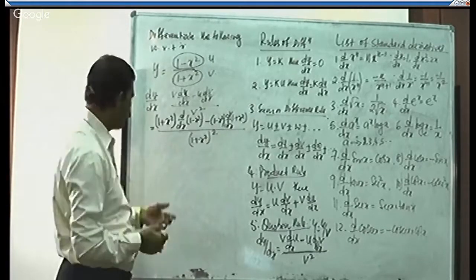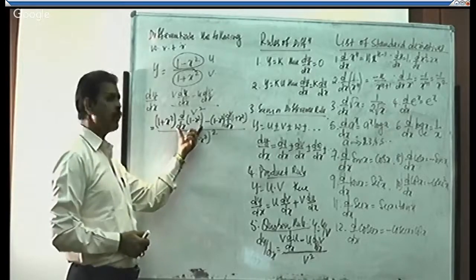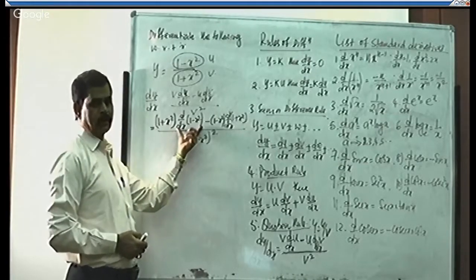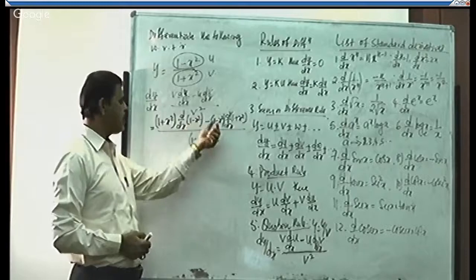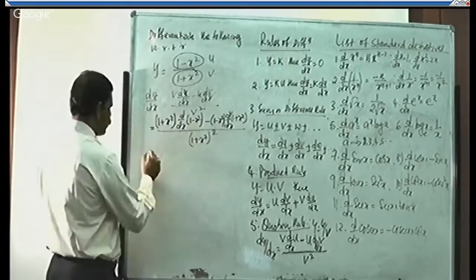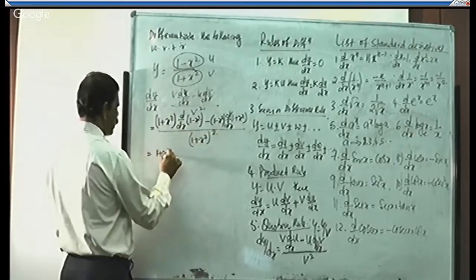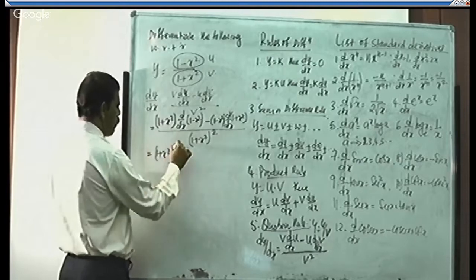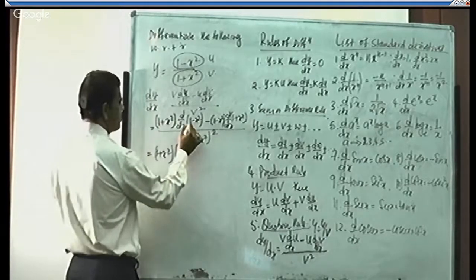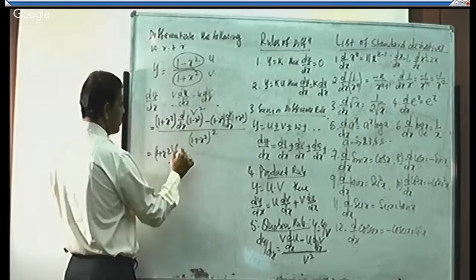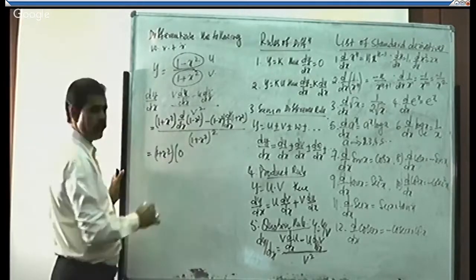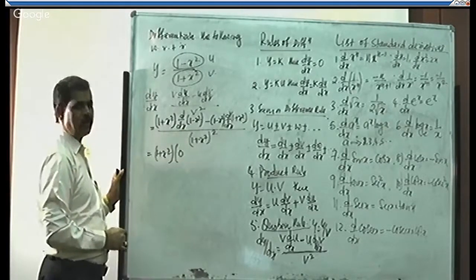Now I need to differentiate wherever we have d by dx. Other terms we have to keep as they are. So 1 plus x square is kept as it is. Put a bracket and differentiate. Differentiation of 1: 1 is a constant, first rule, derivative of any constant is 0.